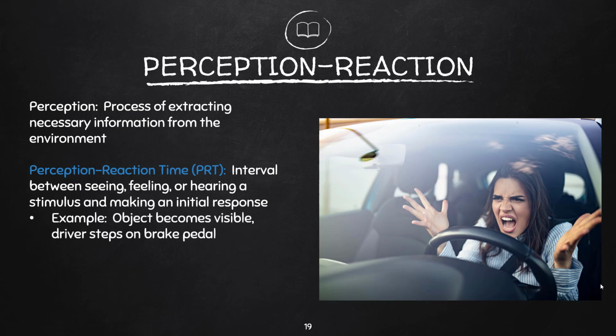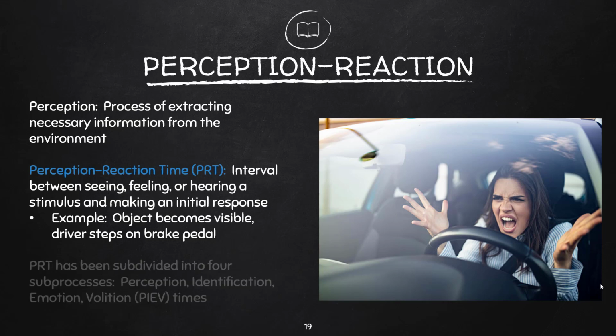Example, the object becomes visible, the driver steps on the brake pedal. From the time that you see the danger, that is the start of the perception reaction time up to the time that you created your response or your action towards that perceived danger.